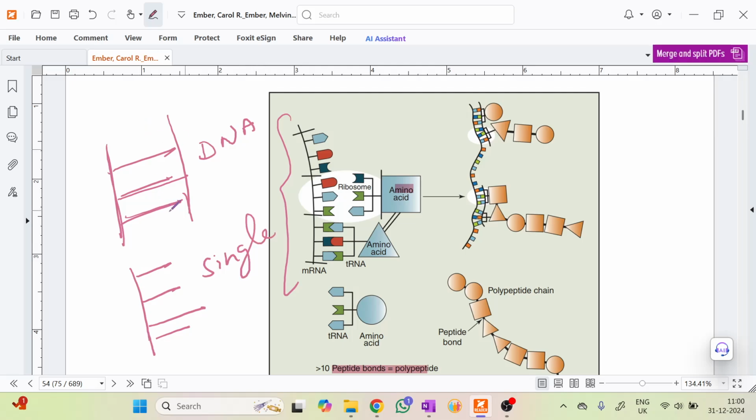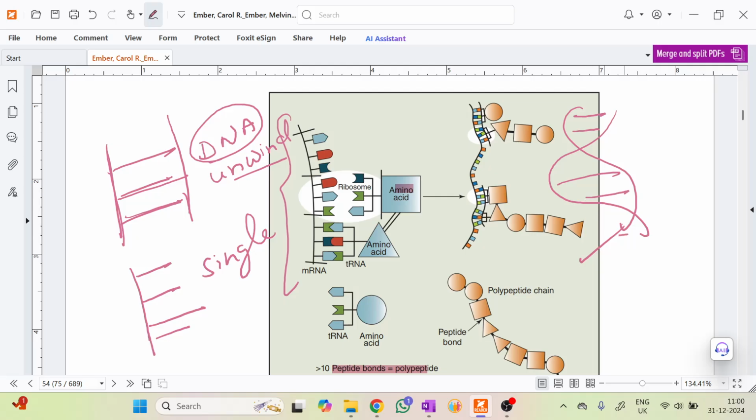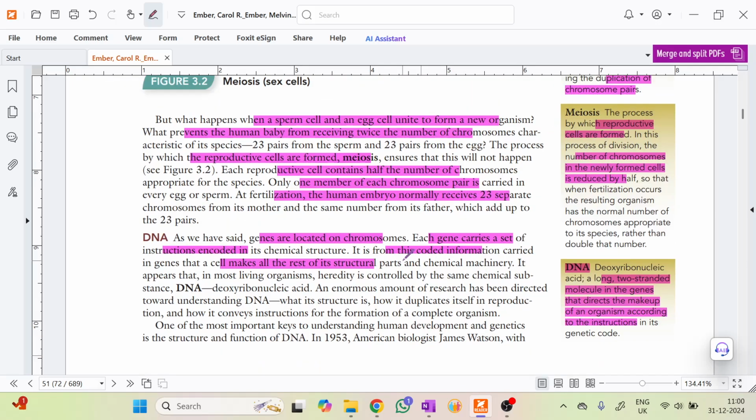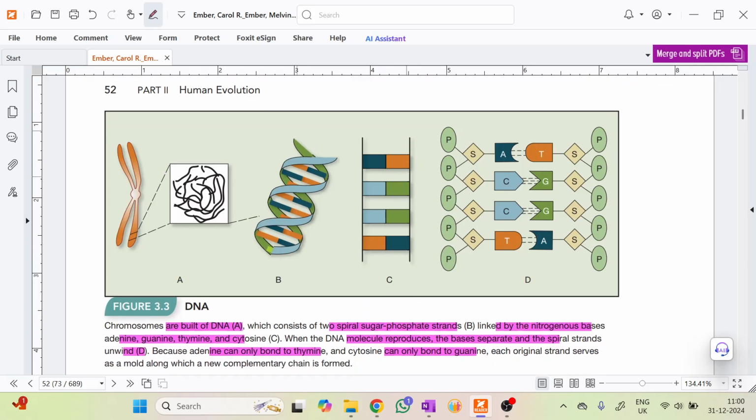The other strand is not there. And how does it happen? When DNA unwinds, the double helical structure is straightened up, and it looks like a ladder.